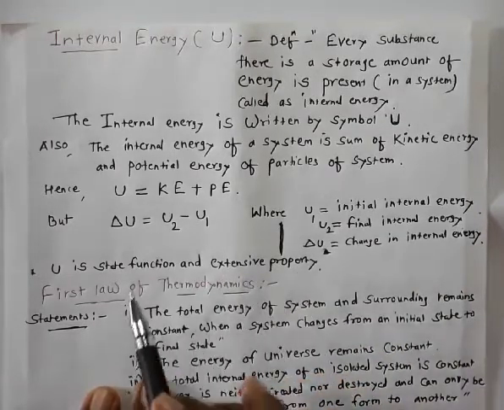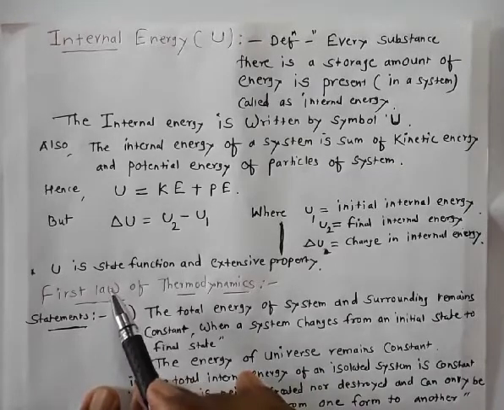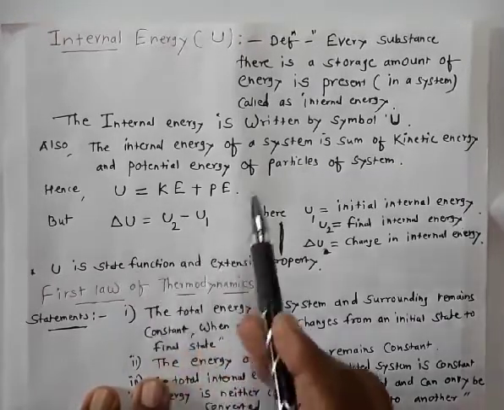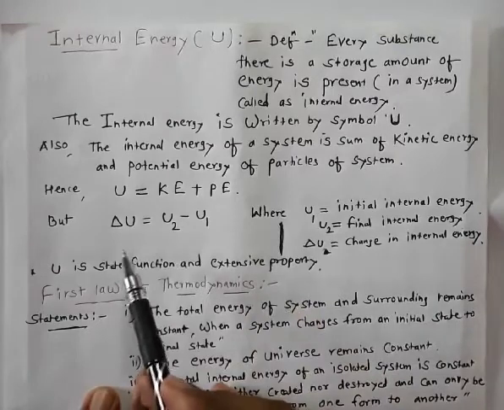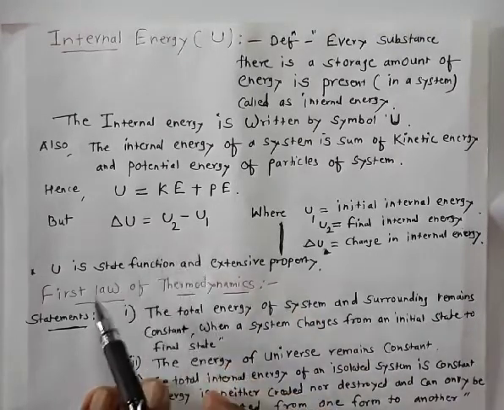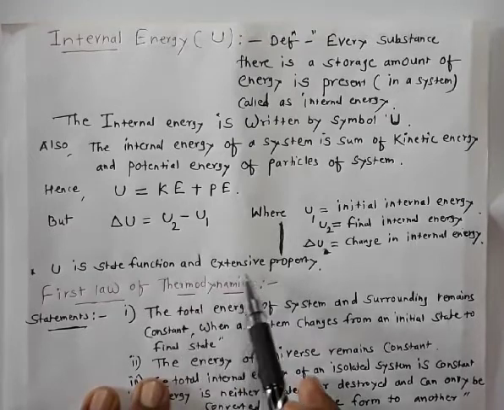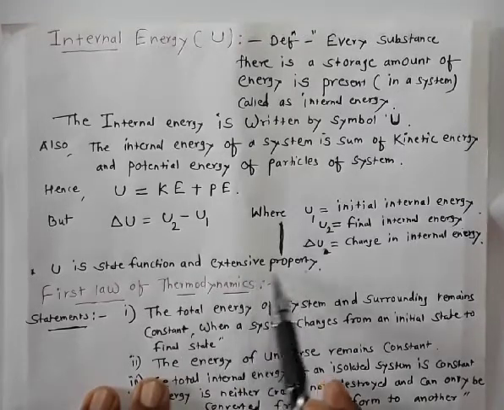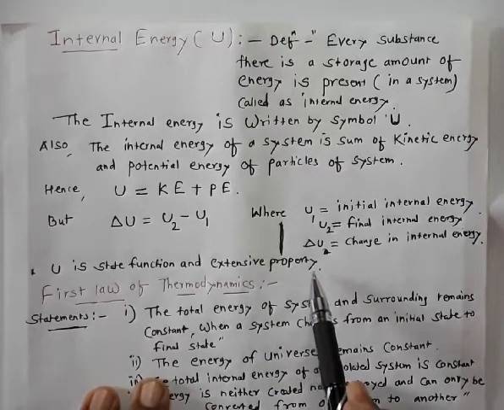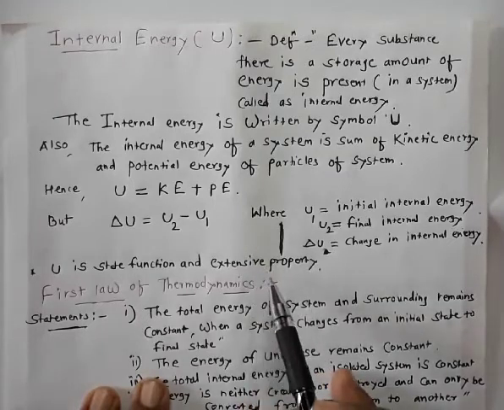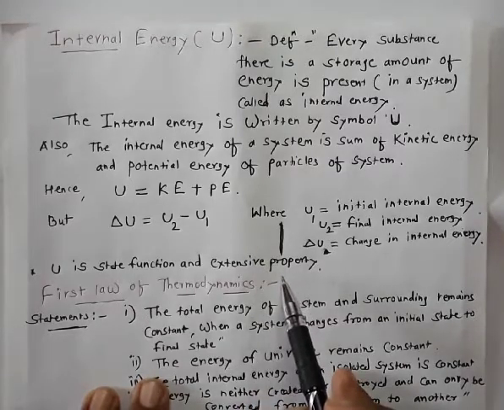This is an important answer: what is the definition of internal energy, how it is calculated, why internal energy is a state function, and why it is an extensive property.